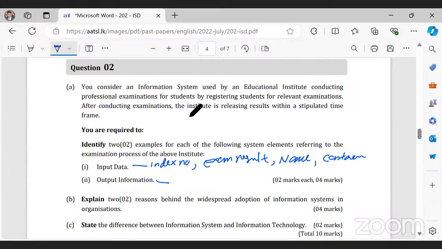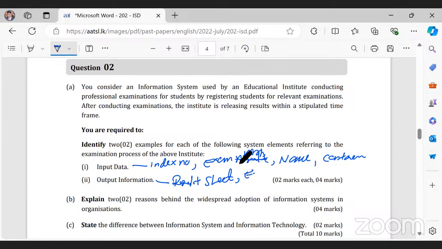Output information. Result sheet is one output, and exam marks, exam results.